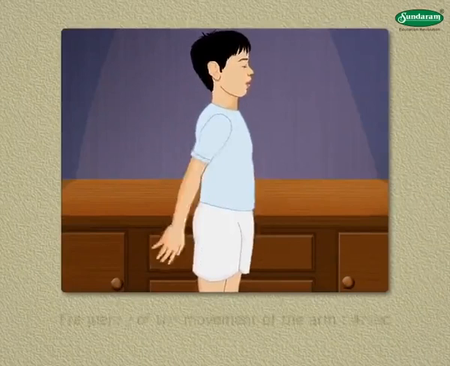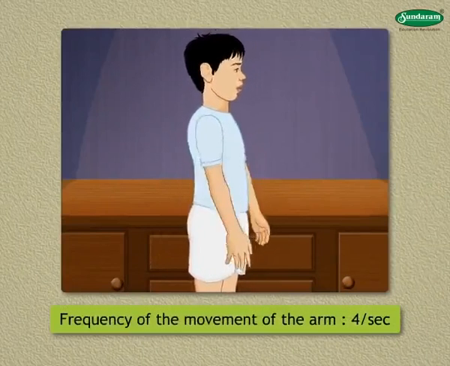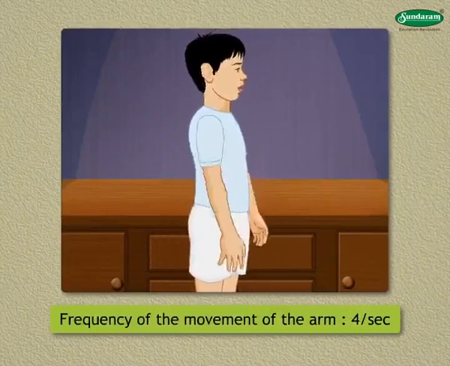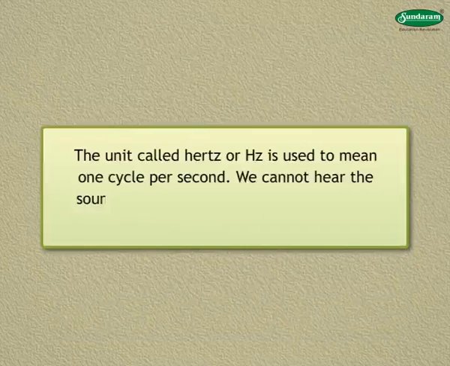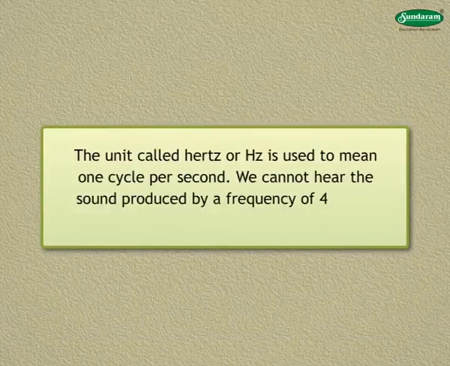In other words, the frequency of the movement of your arm is, say, 4 per second. The unit called Hertz or Hz is used to mean 1 cycle per second. We cannot hear the sound produced by a frequency of 4 Hertz. That is, it is inaudible.